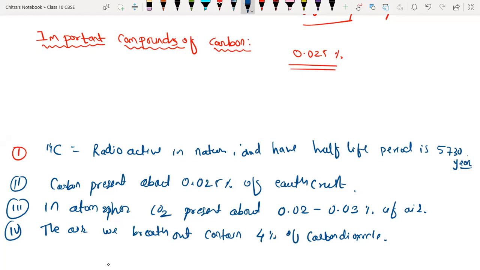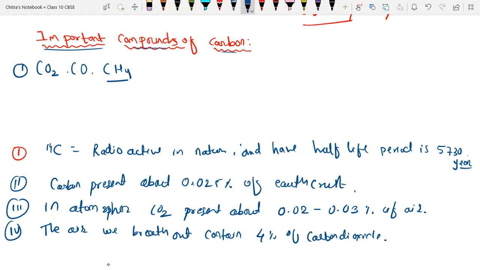So this is a general introduction of carbon. Now we are going to discuss important compounds of carbon. Number one, CO2, carbon dioxide. We have carbon monoxide. We have methane, CH4, also called marsh gas.